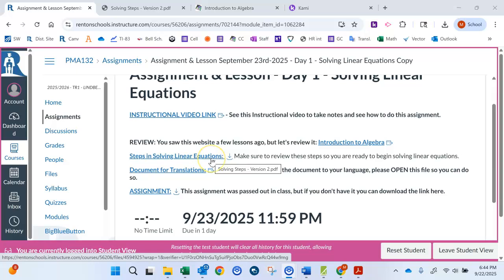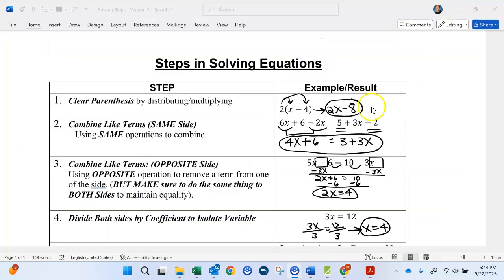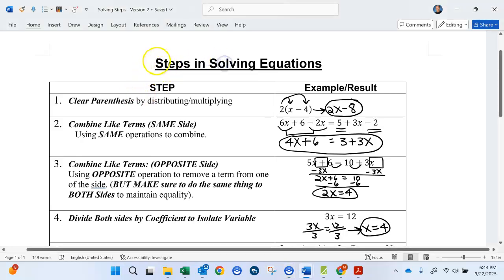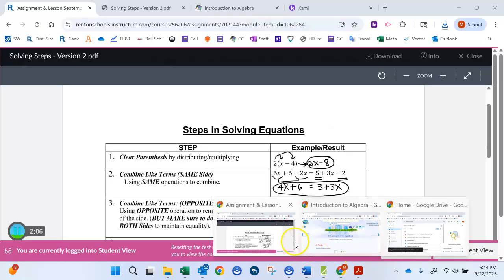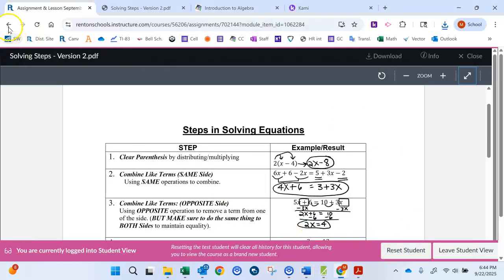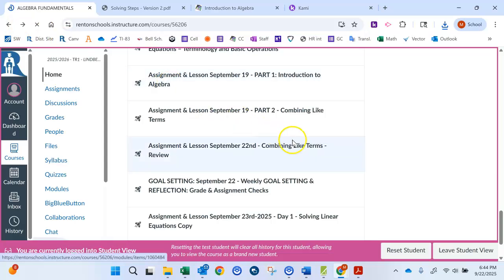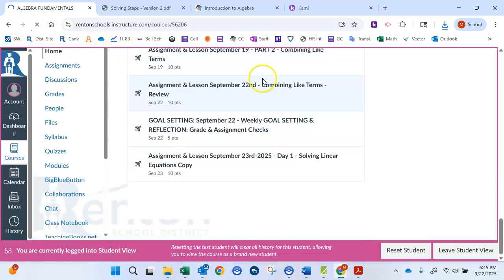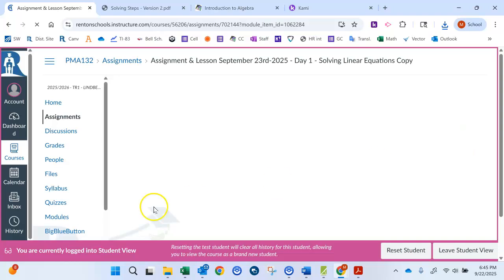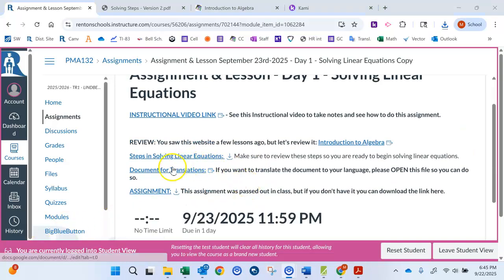Then I want you to open up this document here, which will show you the steps in solving linear equations. It's in English. So when you open it, you should see this, steps in solving equations. But I also want you to be able to do a translation. So let's go back to Canvas. Sorry, I'm going to go back to this. Then please make sure this document is translated right here. So please open this.